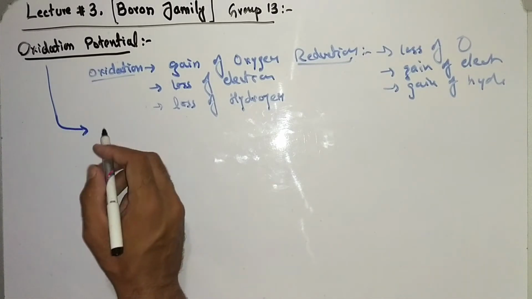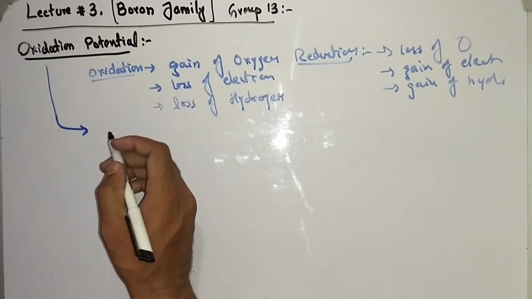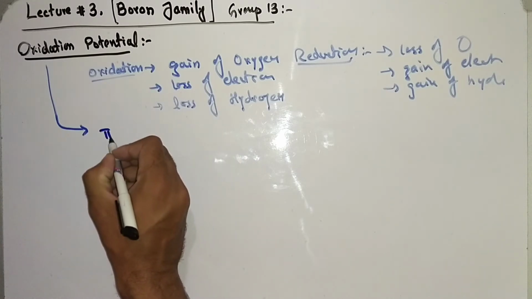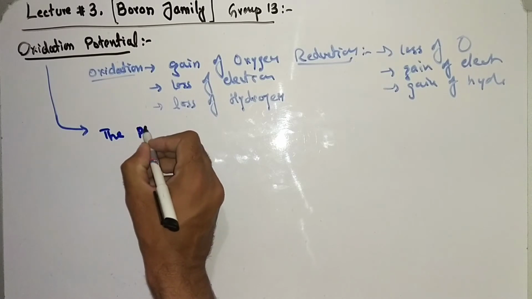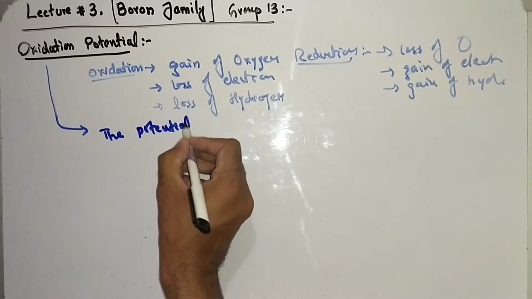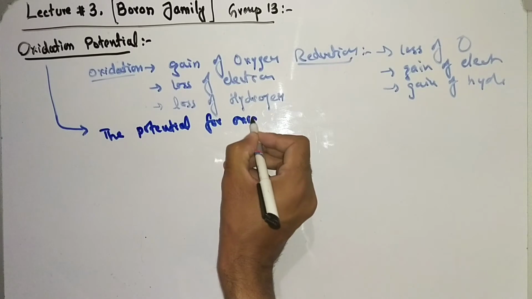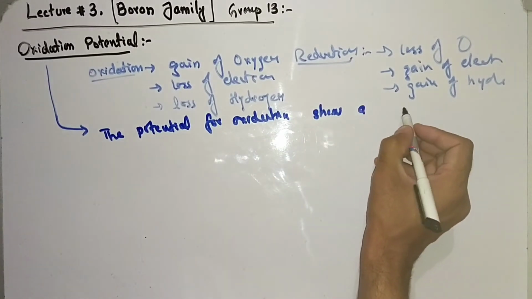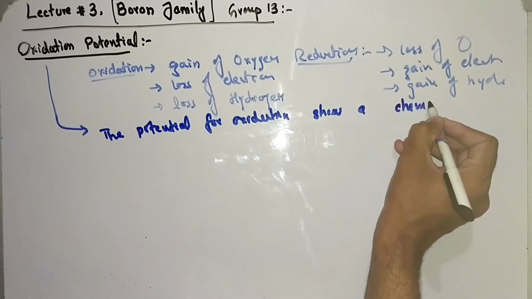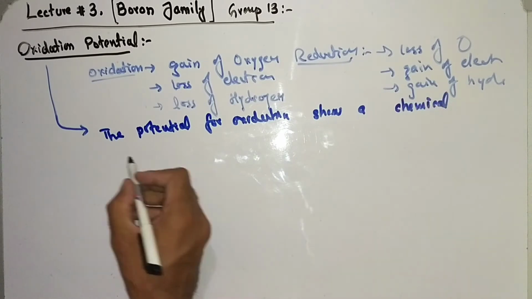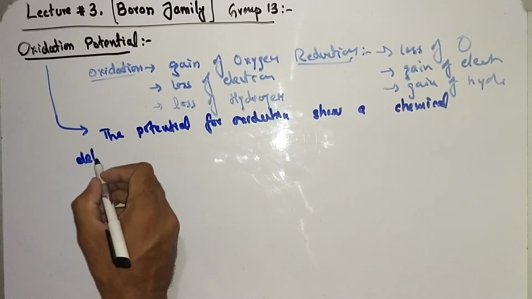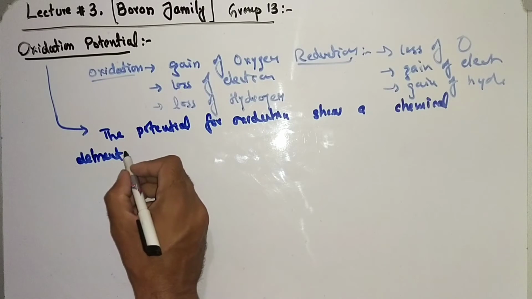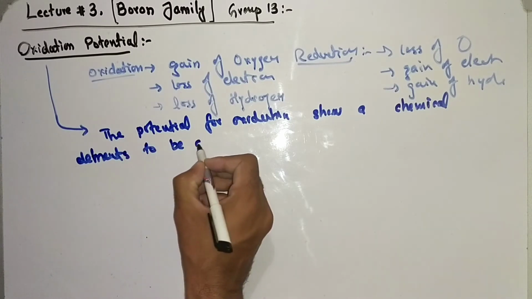Oxidation potential: the potential for oxidation shown by a chemical element to be oxidized. You can define this oxidation potential as the potential for oxidation shown by a chemical element to be oxidized.